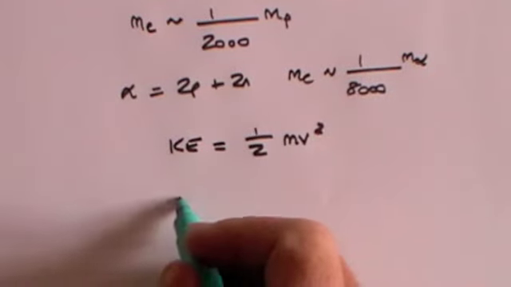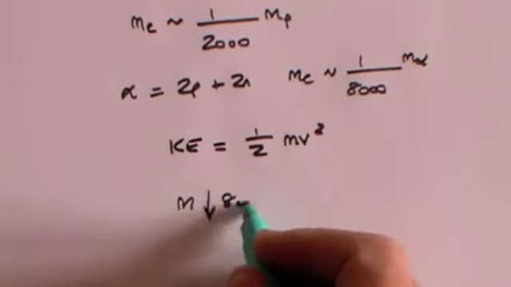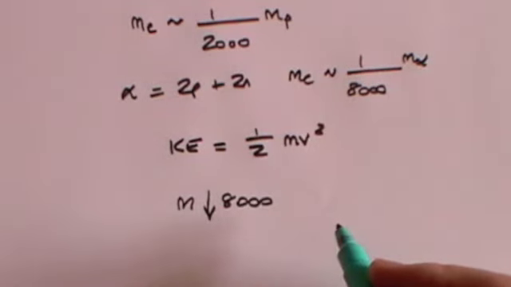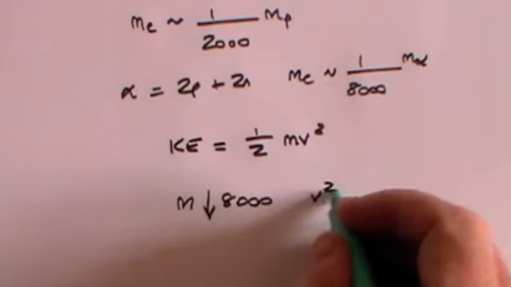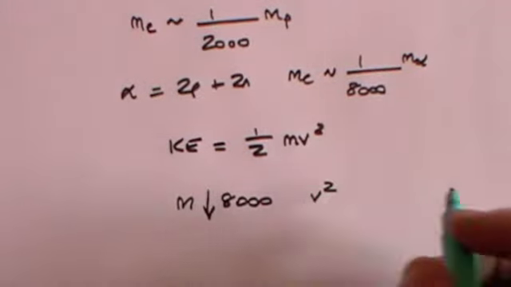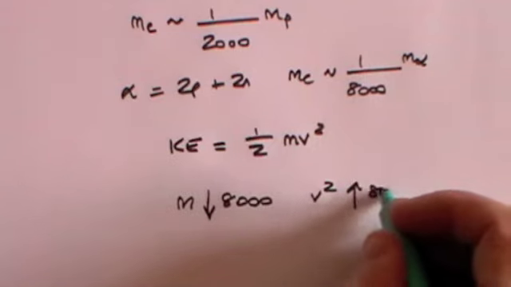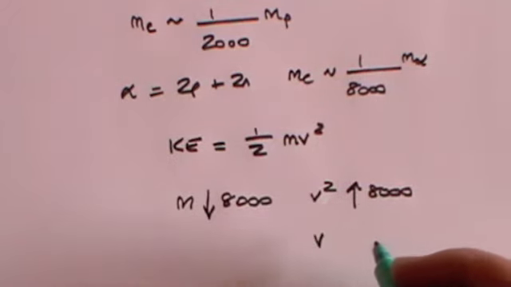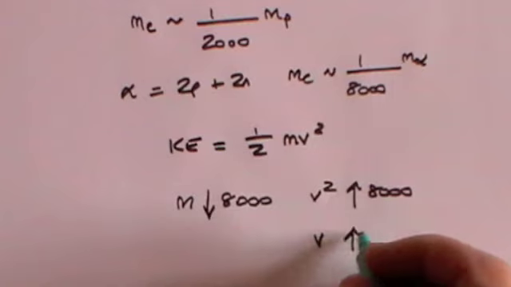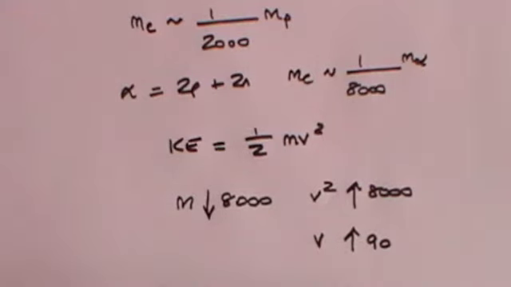If in this term m has gone down by a factor of 8000, as it would with an electron compared with an alpha particle, that means that if you want the same kinetic energy, v squared has got to increase by a factor of 8000, which means that v has got to increase by a factor of approximately 90. So your electrons need to be going 90 times faster than the alpha particles were if you are going to have electrons with broadly the same energy.